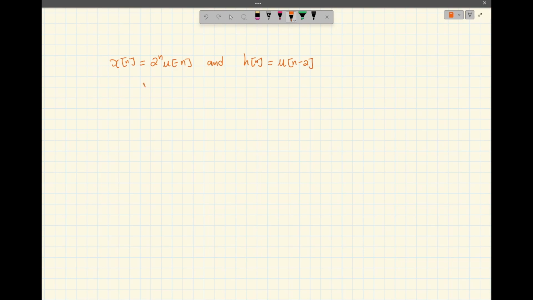So we wanted to compute the output y of n, which is x of n convolved with h of n.